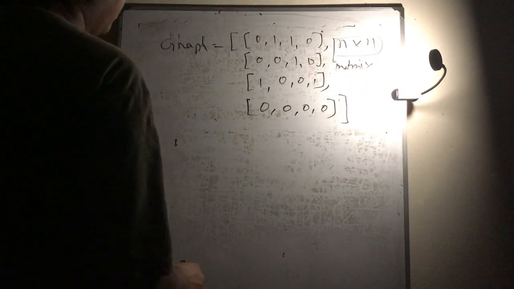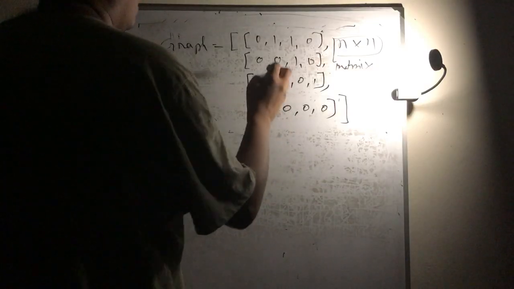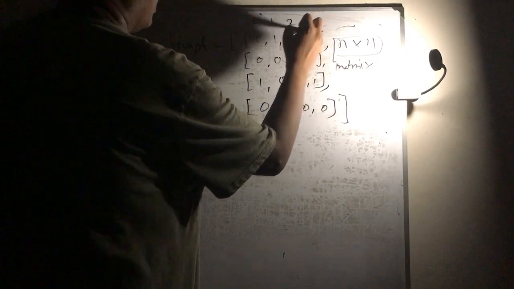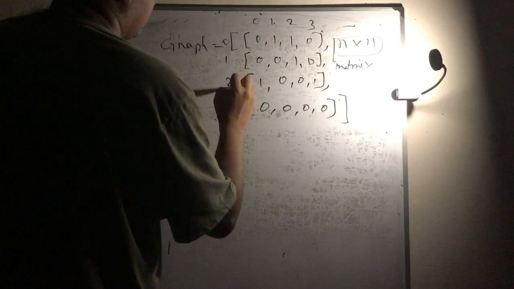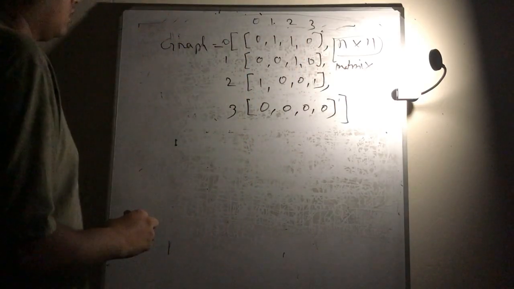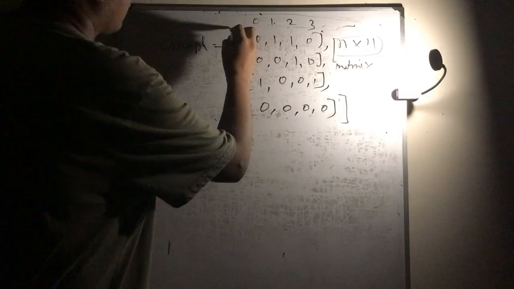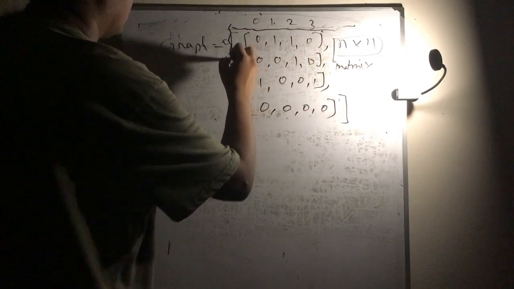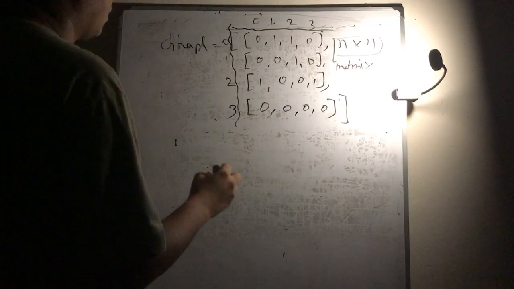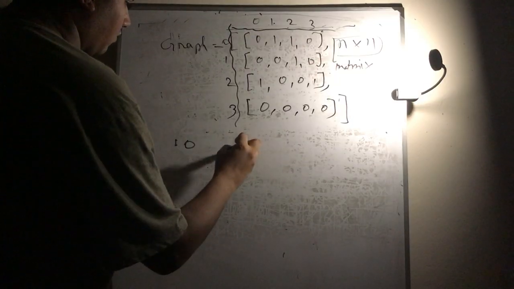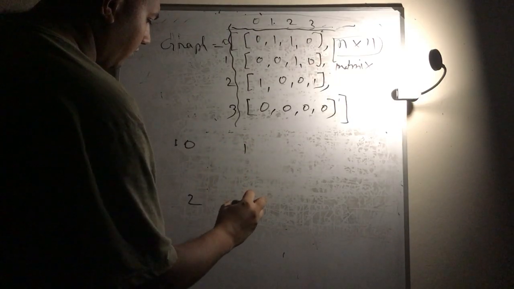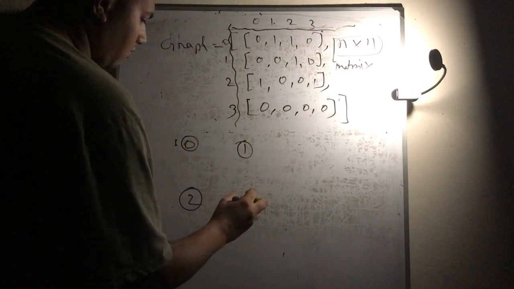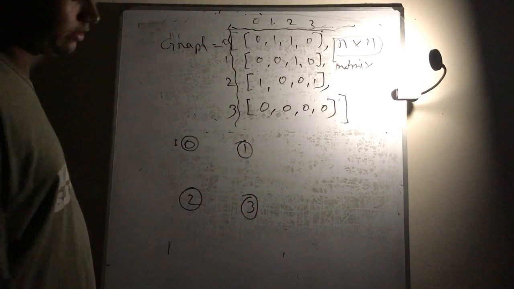How to draw this graph? Let's make it easier: 0, 1, 2, 3. These are the vertices.